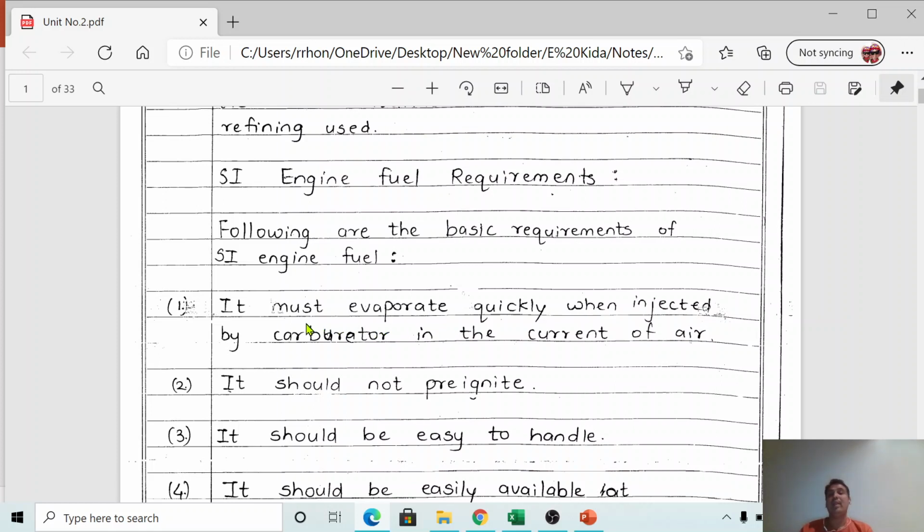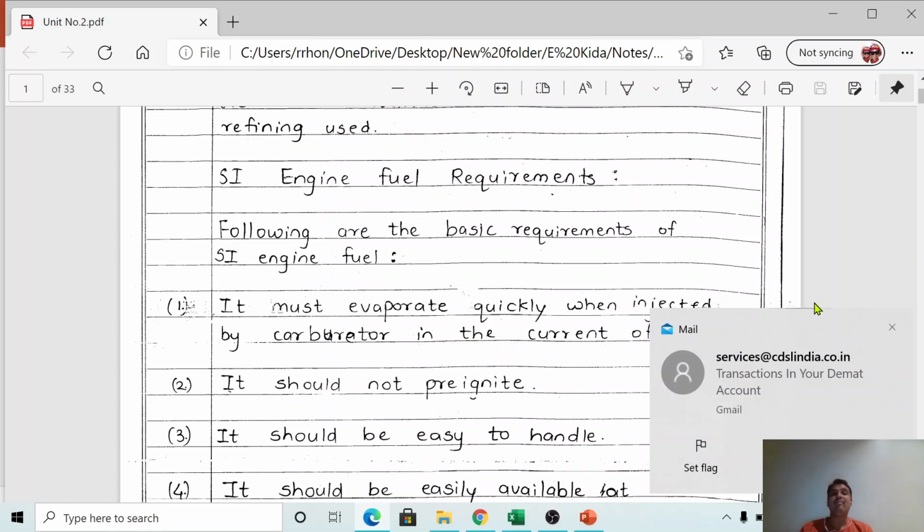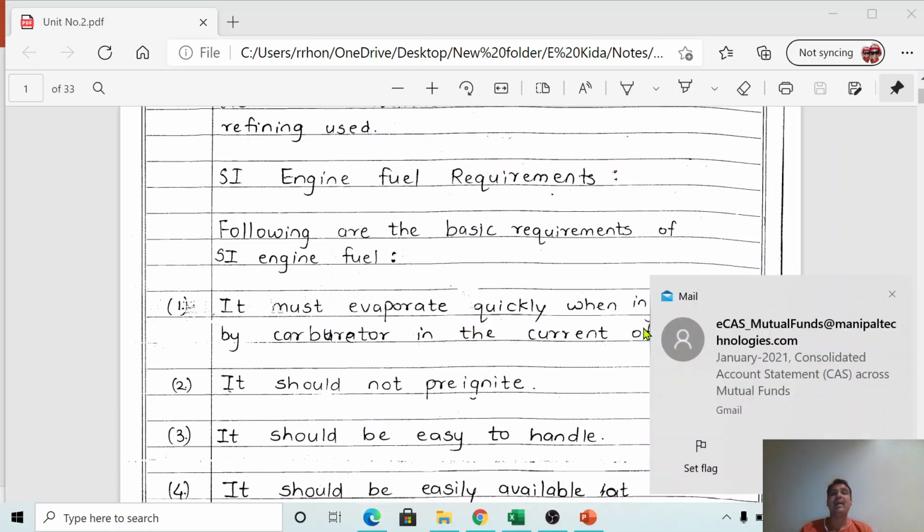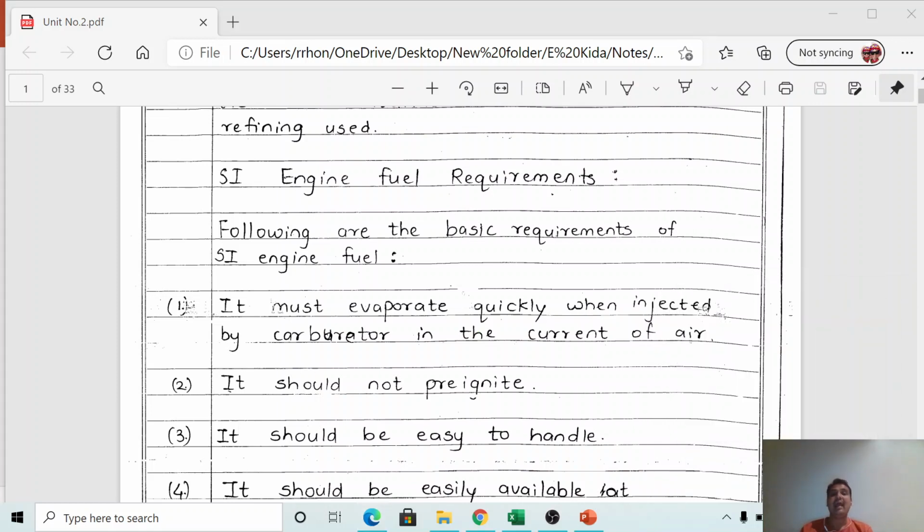Sometimes, when the air and fuel mixture supplied by the carburetor is not able to burn inside the engine cylinder, think what will happen. So whatever fuel we are using in the case of SI engine should evaporate quickly. Evaporation is one of the important properties of petrol.